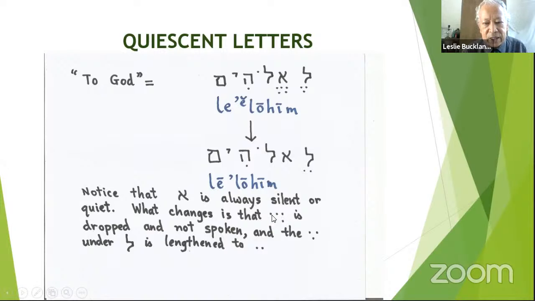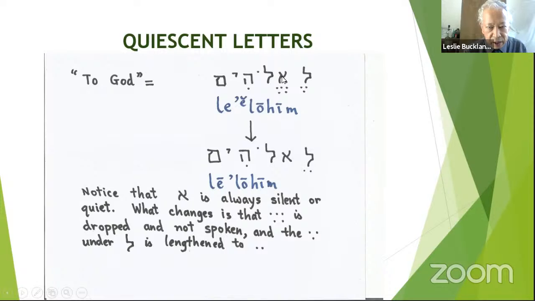Katef is a Hebrew word meaning hurried. You hurry that pronunciation. What changes is that katef segol, hurried segol, is dropped. This is dropped. You don't see it there now.